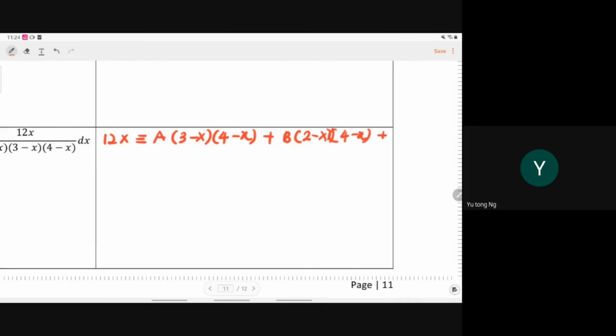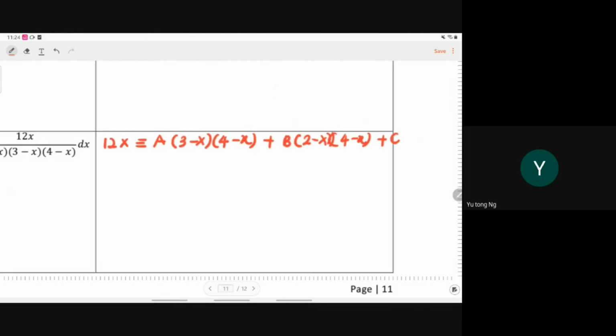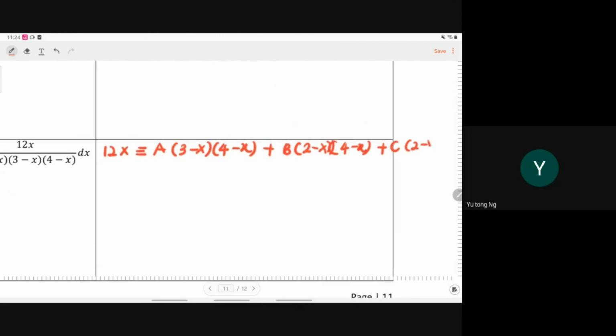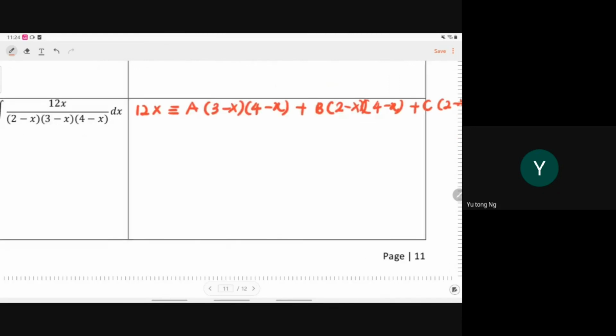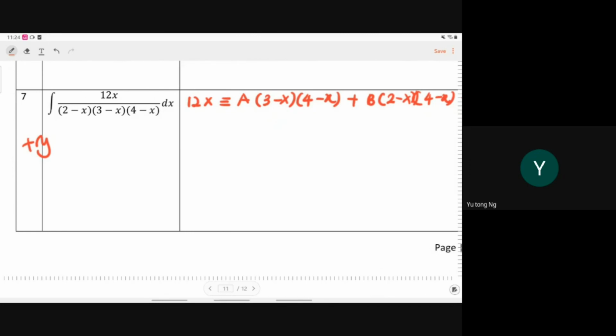Plus C. Then you find your A, B, C, convert to partial fraction, and then try to solve. Okay, so this one you have to try.